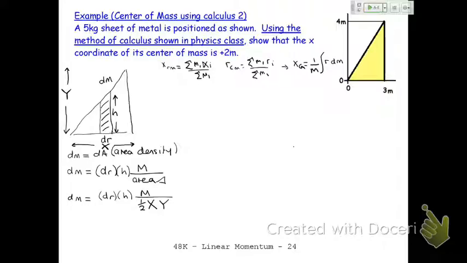I know the value of X, I know the value of Y, I know the value for M. This will work, except that if I pick a different slice, I have a different h. That's my only problem. I just don't have a constant value for h.